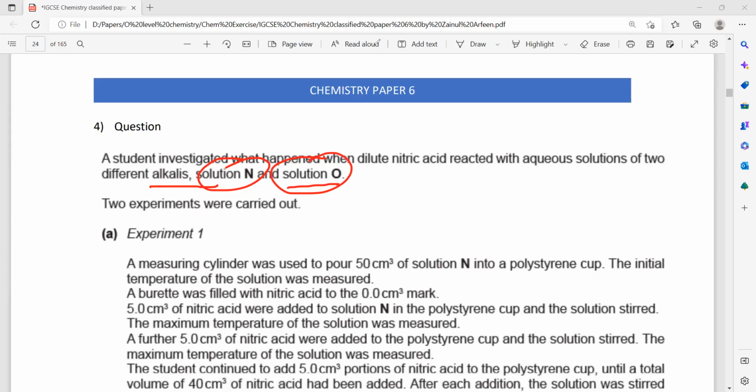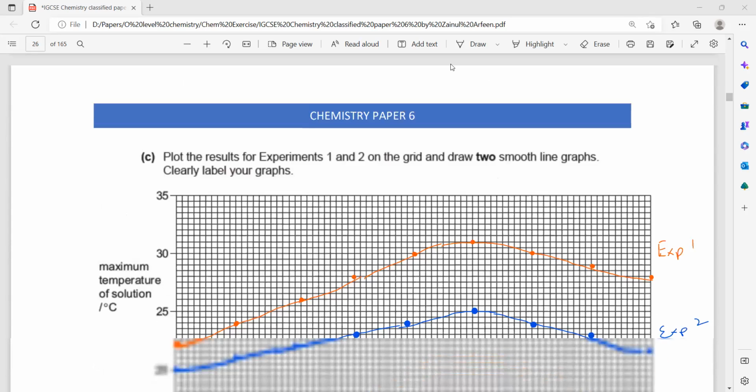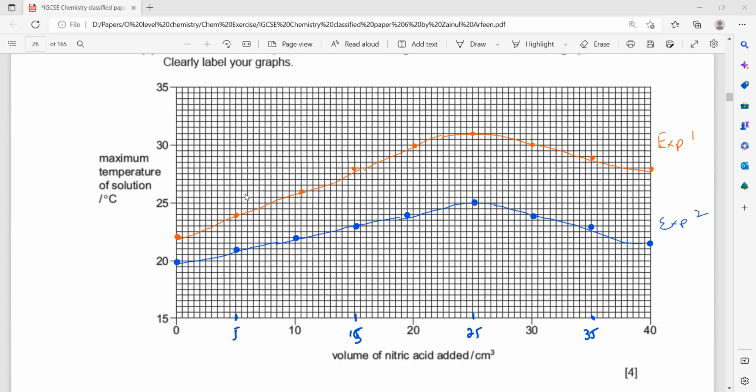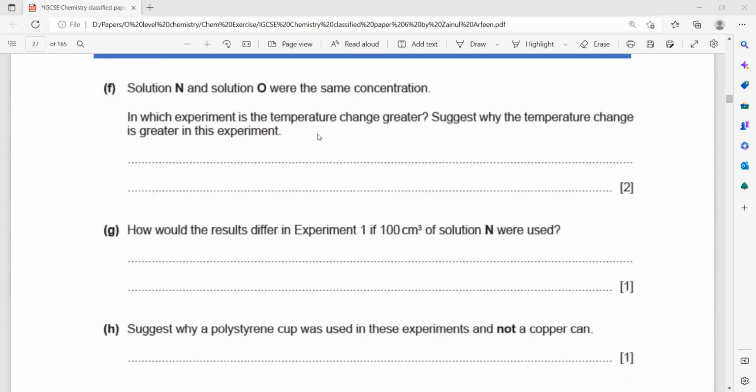So first, in which experiment is the temperature change greater? The answer is experiment 1. And what is the reason for that? Because N is giving a greater temperature change, solution N is more concentrated than O. Like there are more particles, more reactions, that's why the temperature change is higher.